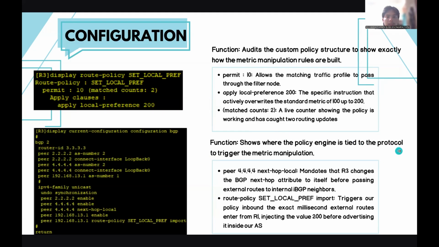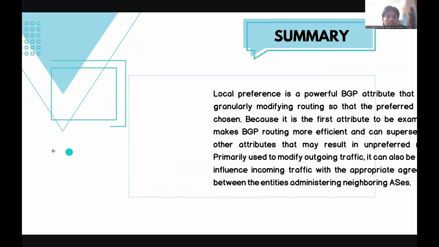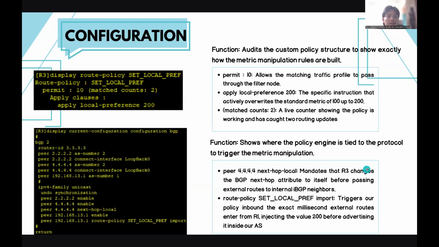Move on to the next image. The second command that we run is display current-configuration bgp. It shows where the policy engine is tied directly to the protocol to trigger the metric manipulation.